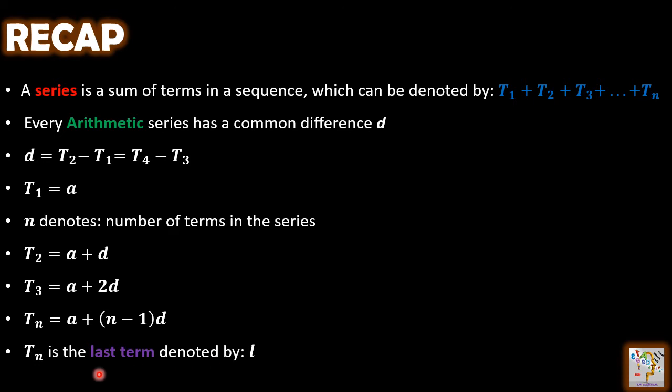If it is finite, you know the last term. If it is infinite, we don't know the last term, and then our last term will be represented as Tn. But if we know that Tn is 10, then our last term will be 10. Put this into consideration, because as we continue, I'm going to be incorporating A plus N minus 1 into D and L in the formula that we will derive.